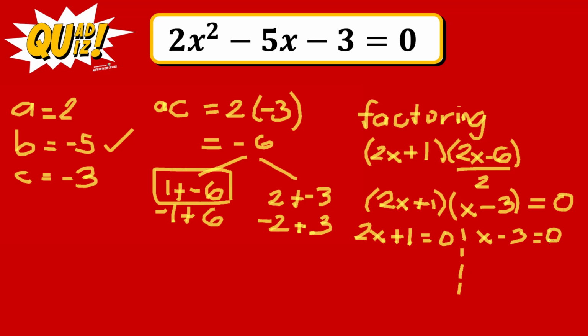So we equate both of them to 0 and we'll have this here. 2x is equal to negative 1. Divide both sides by 2. Your first root is negative 1 half, as one of our results earlier. Your second root is just simply positive 3. That's your second root. Okay?